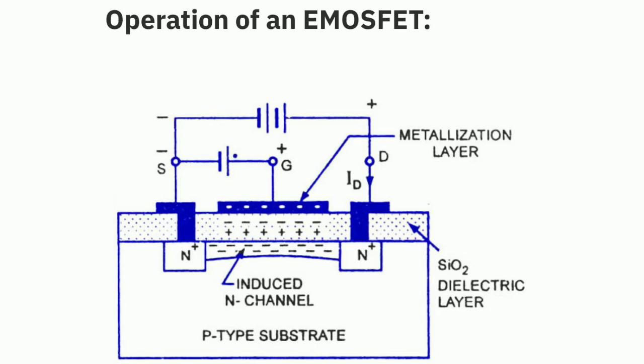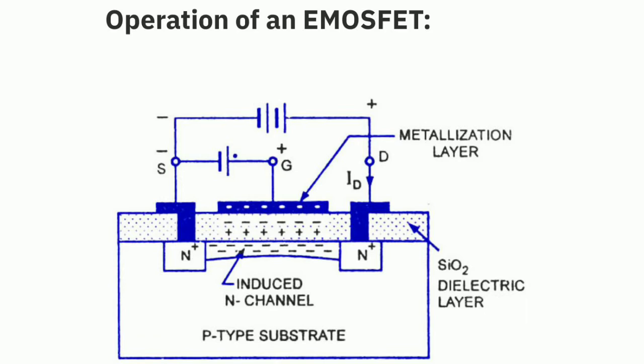Now in the next part, when a positive voltage is applied between gate and source, what will happen? The positive potential applied at the gate repels the holes and attracts the electrons from the P substrate, as you can see in the figure. This results in the formation of a depletion region near the SiO2 layer. As we go on increasing VGS, more and more electrons are attracted near the SiO2 layer.